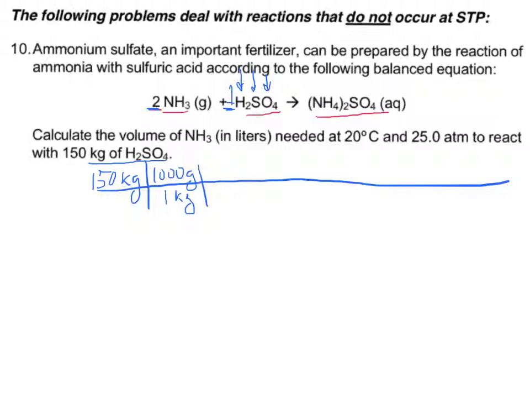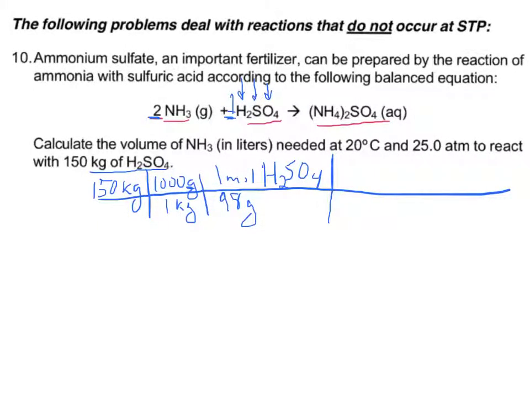So we end up with a mass of 98. How do I know I put the 98 at the bottom? Because the 98 is in grams, and I want to cancel the grams label here. So 98 grams over 1 mole of H2SO4.